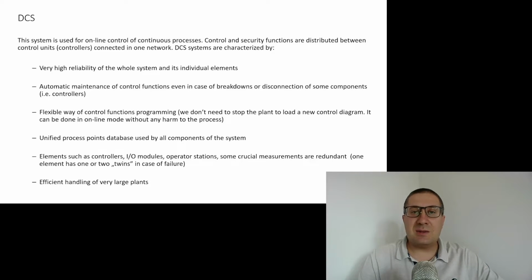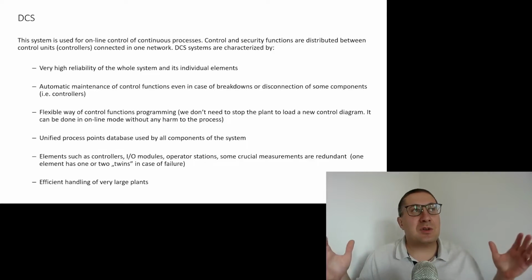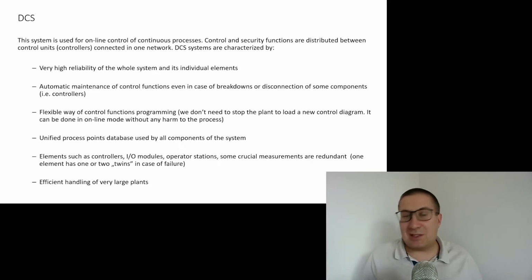So this is a system dedicated for online control of continuous processes, the heavy industry. Those are large-scale processes where we cannot just easily stop them, right?